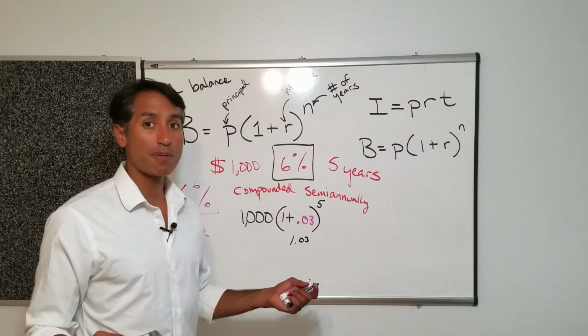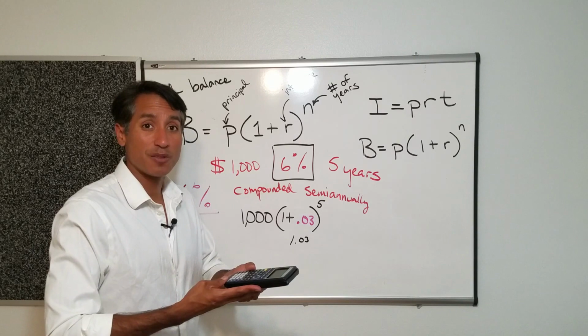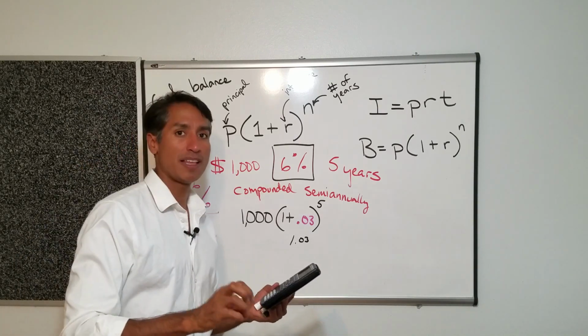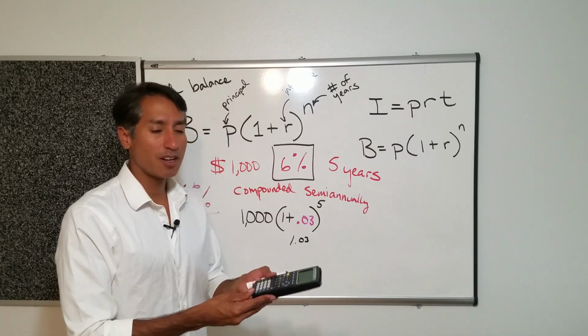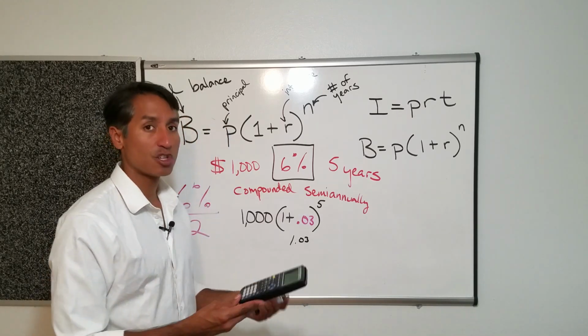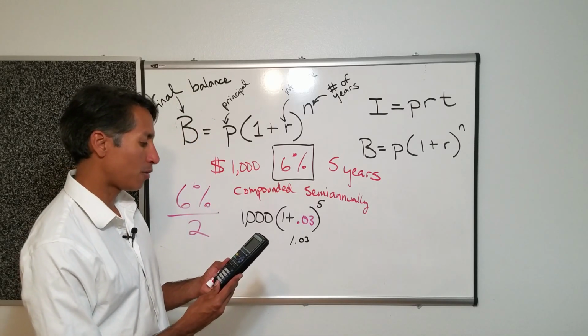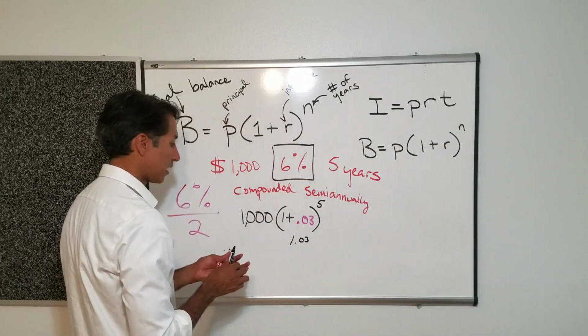You can be very practical about it. And so if this is the best way for you, then do it. If you have some fancy calculator that has the up arrow and lets you put in the exponent and push equals, then use that. But it's really, work with what you have. And I'm here to show you that you don't need much, okay? So that ends up being 1.159. I'll just say 1.16, okay?